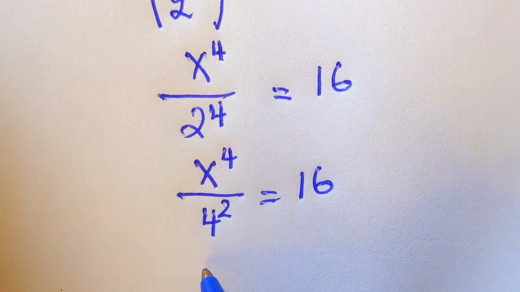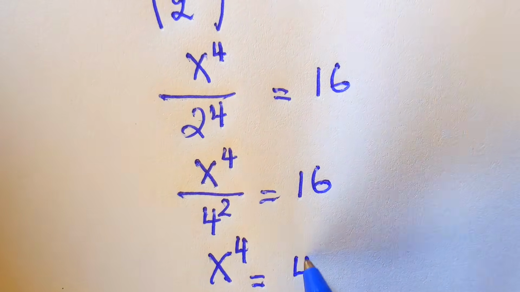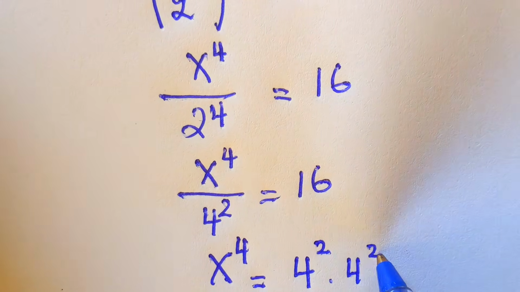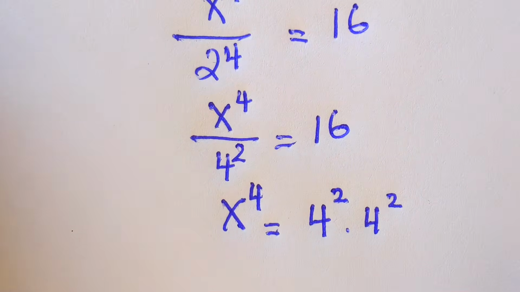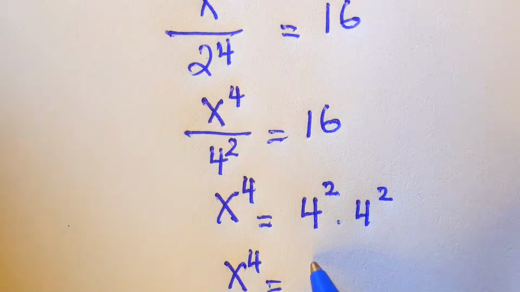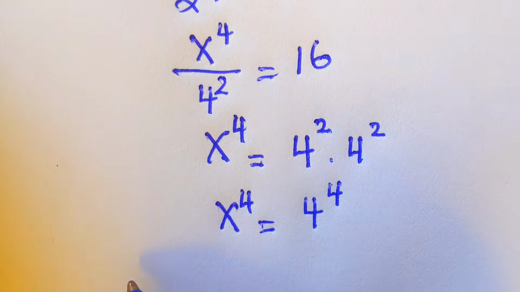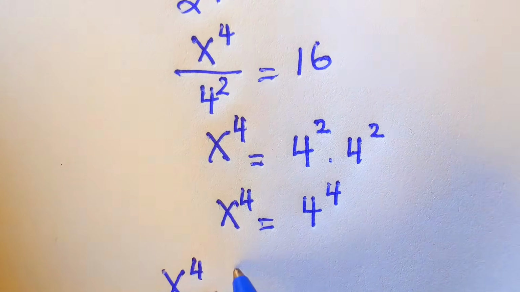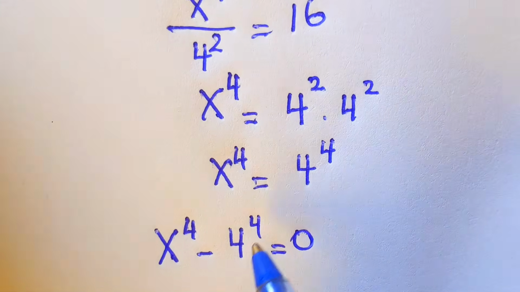Of course, this can be written as x to the power 4 equals 4 power 2 times 4 power 2. So that is what we have right here, and we can write x to the power 4 equals 4 to the power 4. We can bring these like terms together: x to the power 4 minus 4 to the power 4 equals 0.